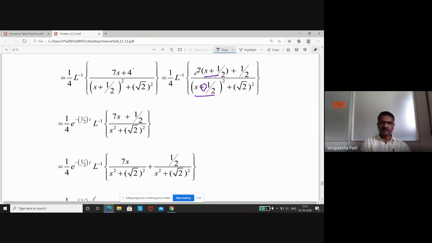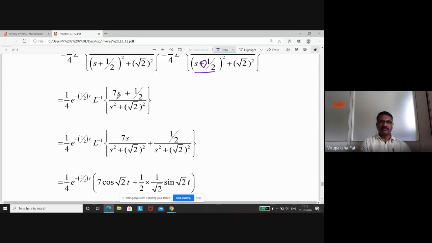L inverse of the numerator becomes 7s plus 1 by 2 divided by s square plus under square root 2 whole square. So now you have to take this denominator separately to the numerator. So it becomes 1 by 4 e to the power minus t by 2, or minus 1 by 2 into t as it is, L inverse of 7s divided by s square plus root 2 whole square.